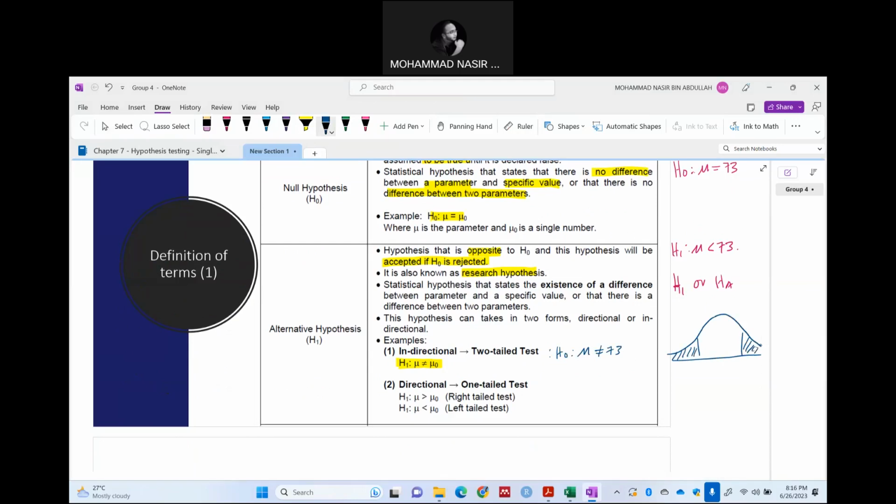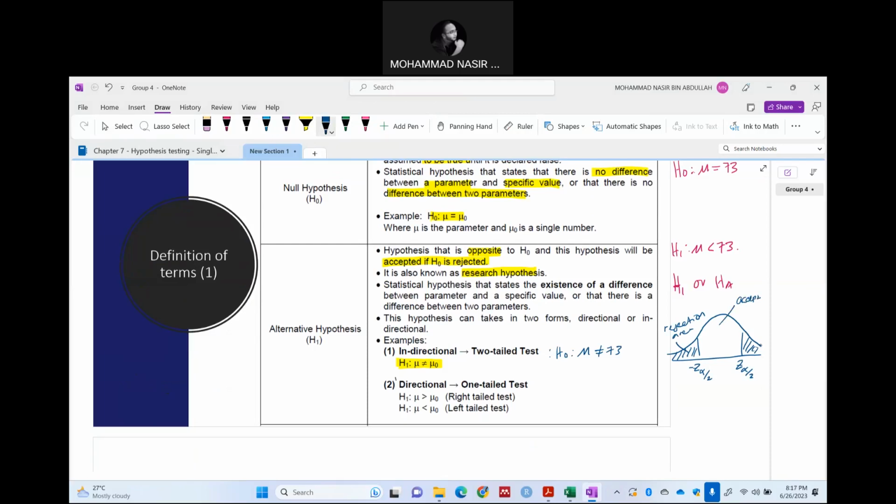Maybe this one should be negative Z alpha divided by 2, and this is Z alpha divided by 2, right? Where this is a rejection area and this is acceptance area. So if the value of calculated statistical test lies inside the acceptance region, then we will accept null hypothesis, right?